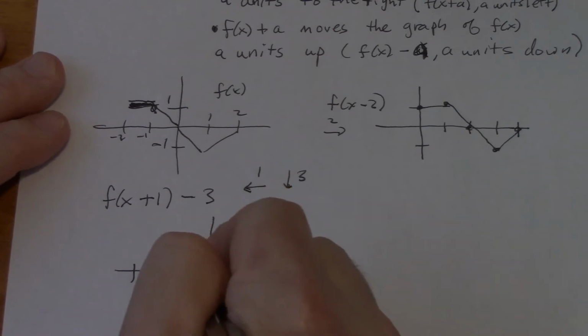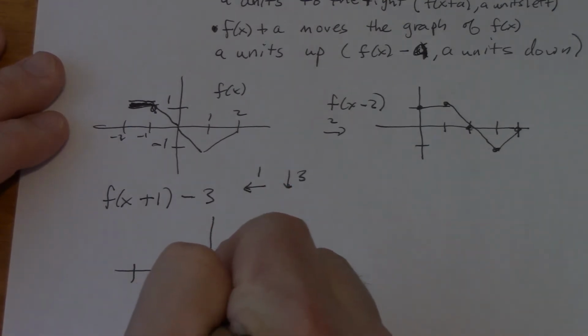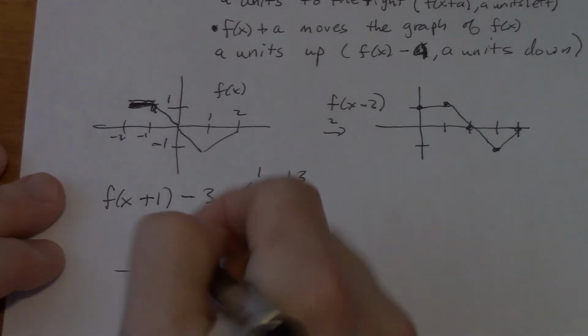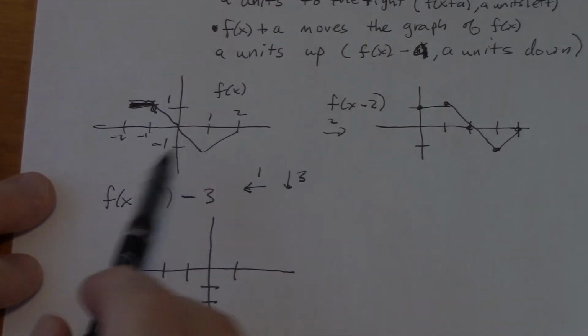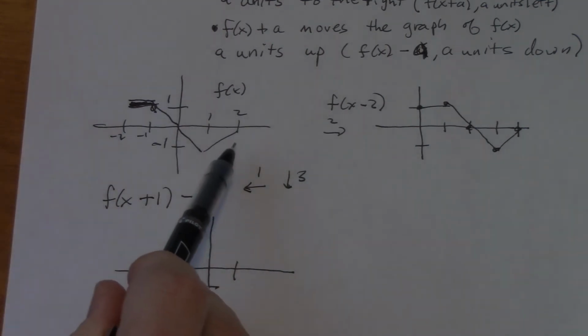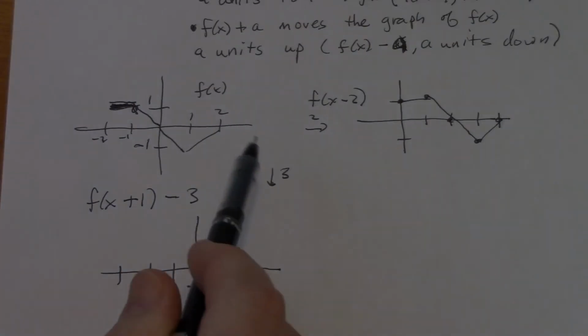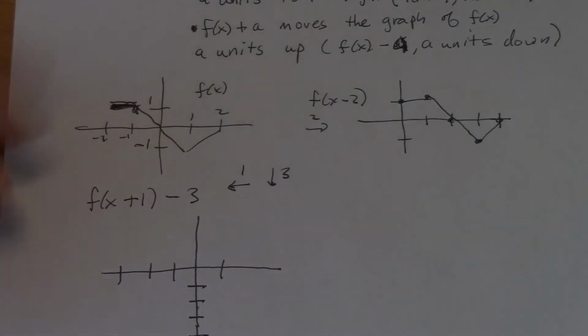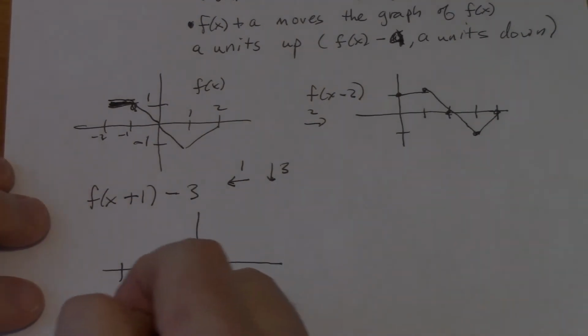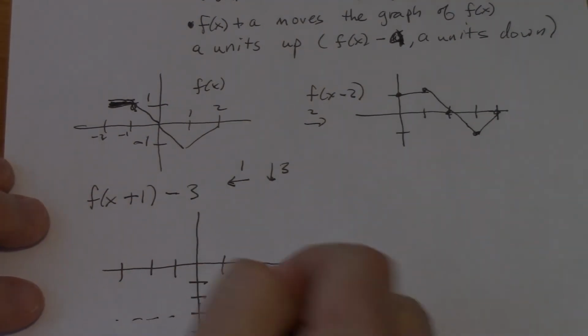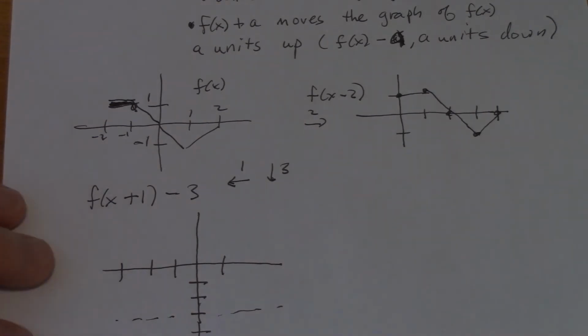Alright, and think about it this way. Look at where 0 is. And when you're doing this, you're moving your equilibrium of 0 down 3 levels. Okay, so sometimes it helps me if I just draw a dotted line there at negative 3, and that's sort of where the equilibrium is supposed to be.